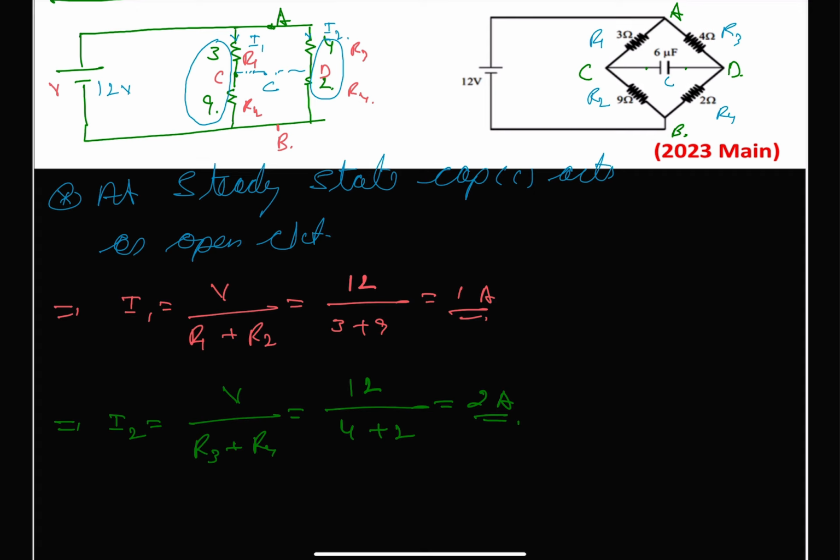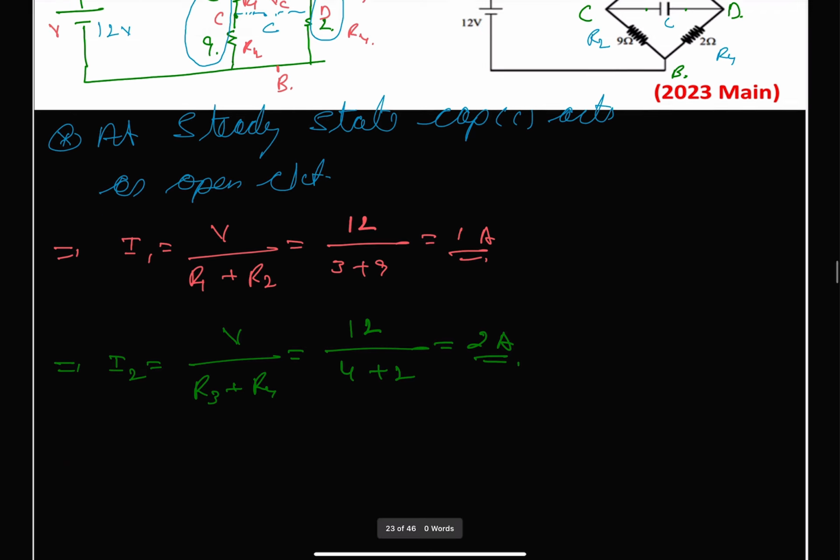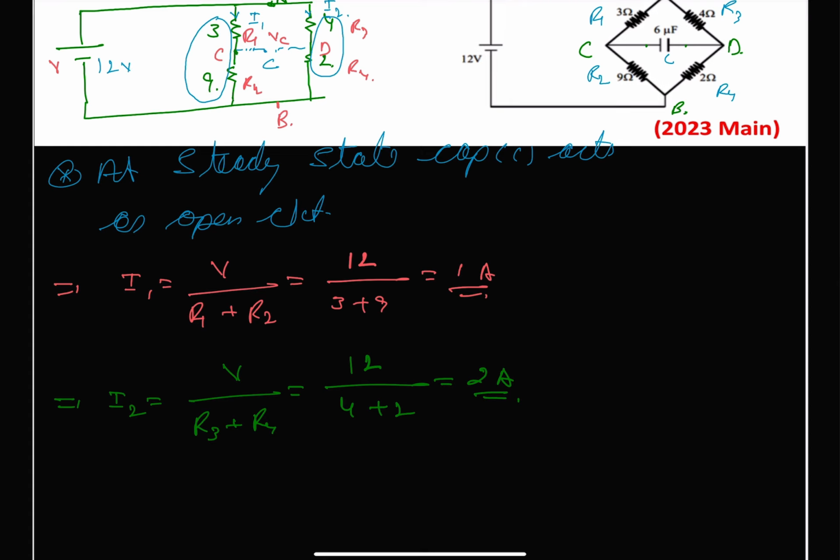Let us suppose that is VC. So we are going to find VC minus VD, and in order to find that we can use the basic voltage divider with respect to the current we are given, so we can say that our VA minus VC.